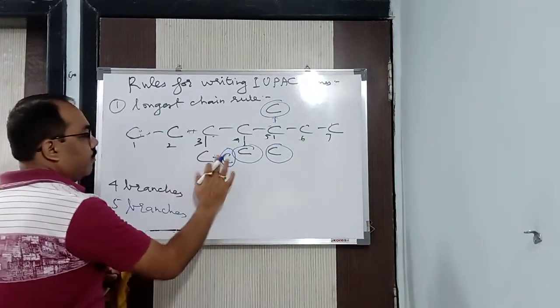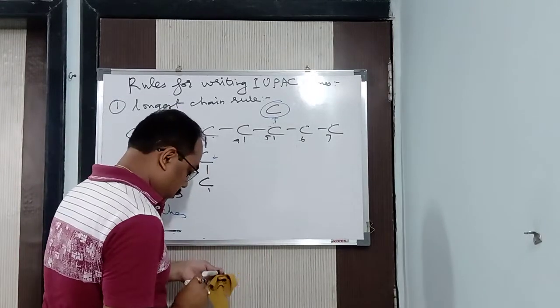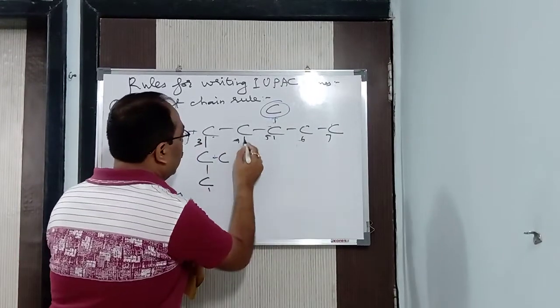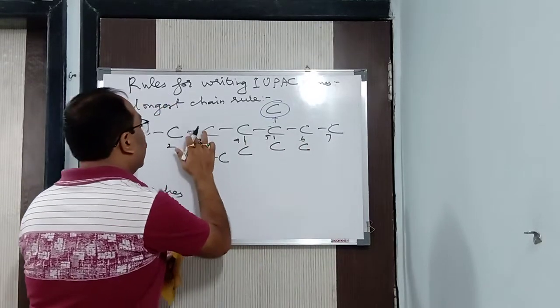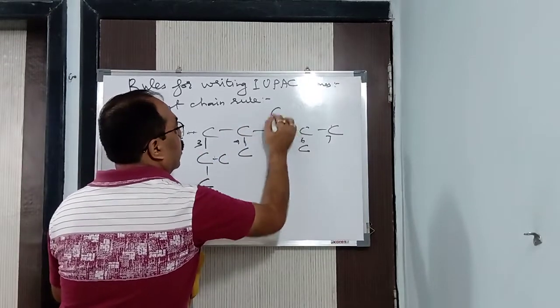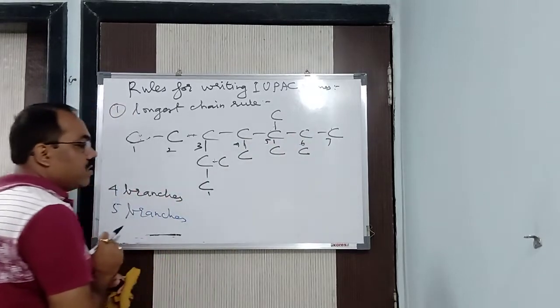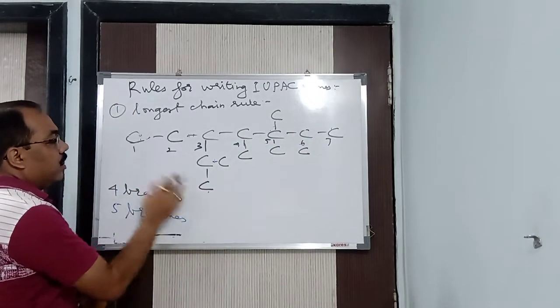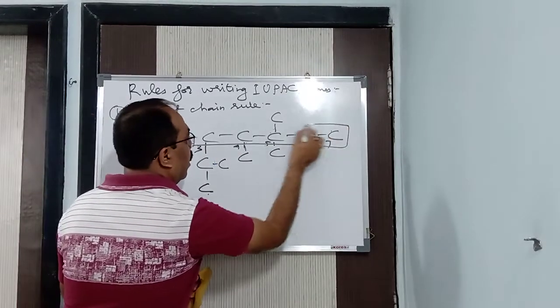Now you see. This one I am selecting as the longest chain. This also contains 7 carbon atoms. So how many branches are we getting? If this is the longest chain, how many branches?